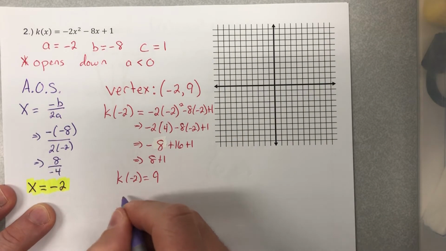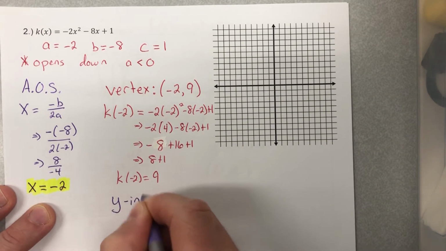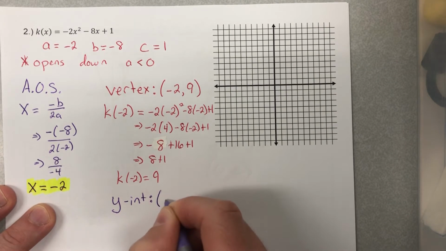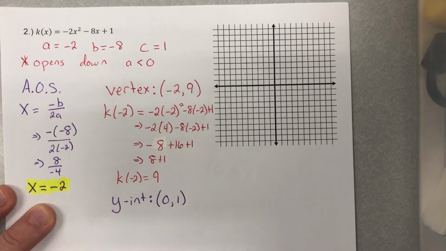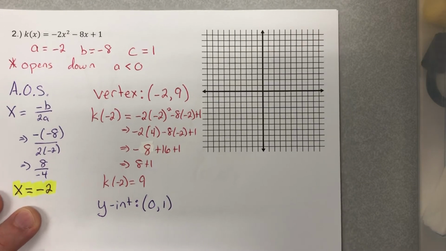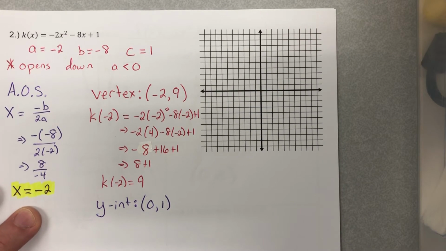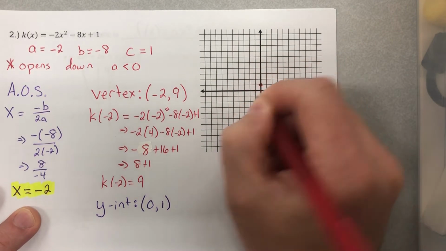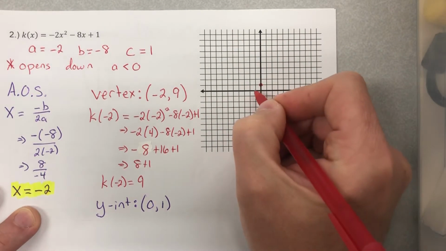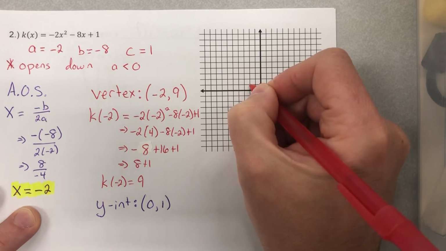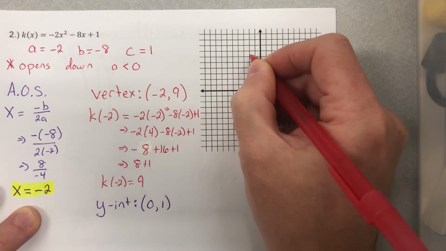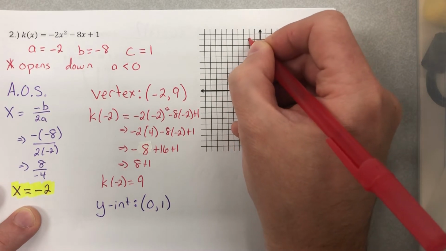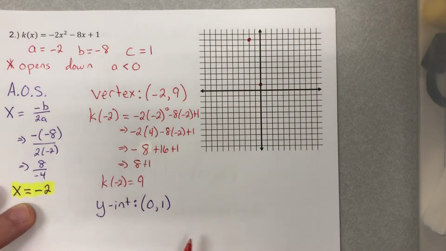Our other key point that we need here is our y-intercept. This one's an easy one, 0, c. So now with our graph, we're going to go through and plot some of these points. 0, 1 is our y-intercept, and then -2, 9 is our vertex.